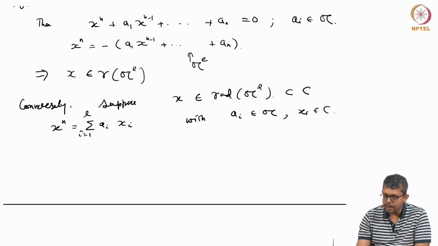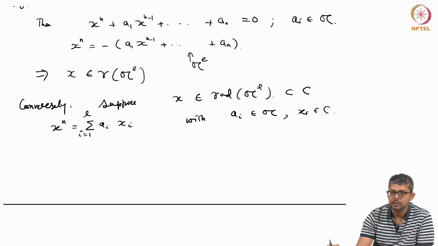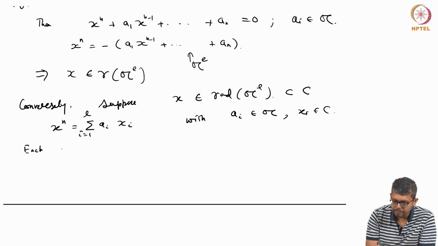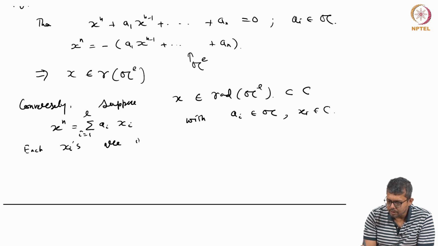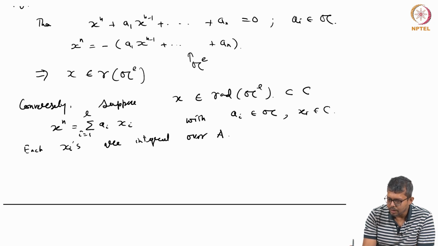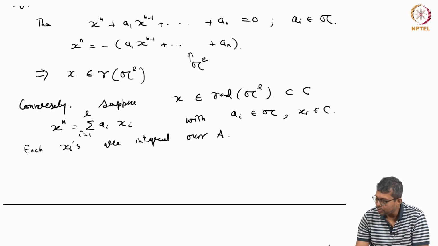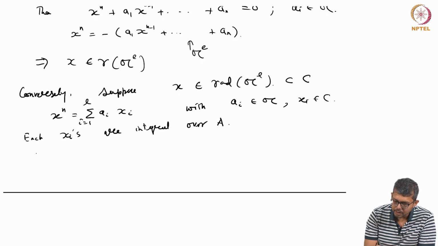Now, all x1, x2, xl are in C. So, each xi is integral over A. So, now you consider the module M generated by x1, x2, xl.